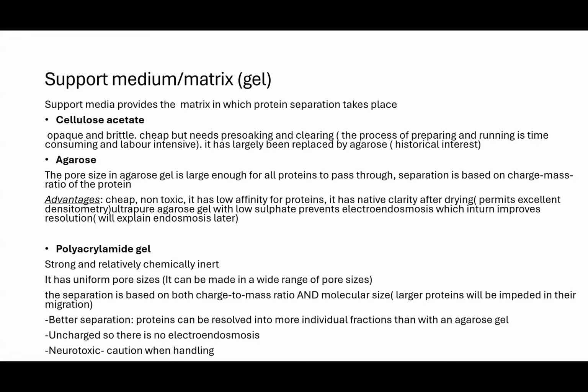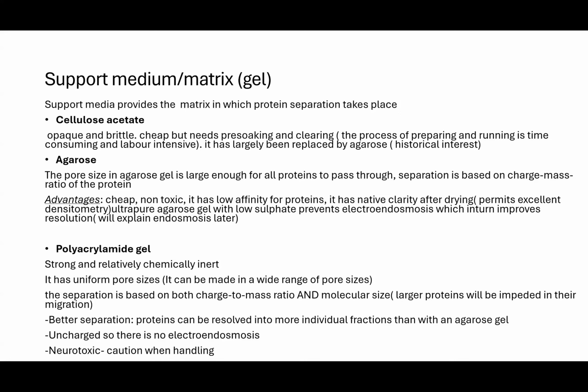Okay, and then the next gel is polyacrylamide gel. It is a very strong gel. It's relatively chemically inert, which is a good thing. It has uniform pore sizes and actually can be made in a wide range of pore sizes. And the separation is based on both charge to mass ratio and also the molecular size, because the pore sizes can be smaller.